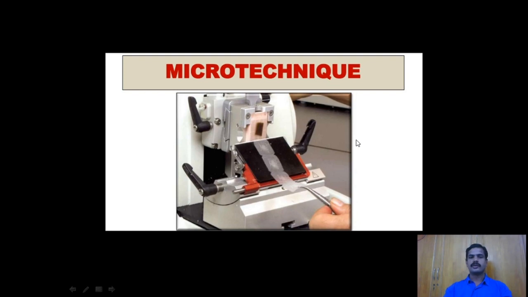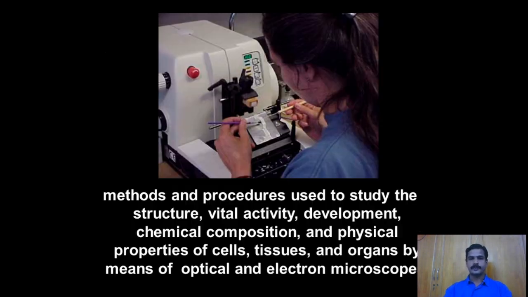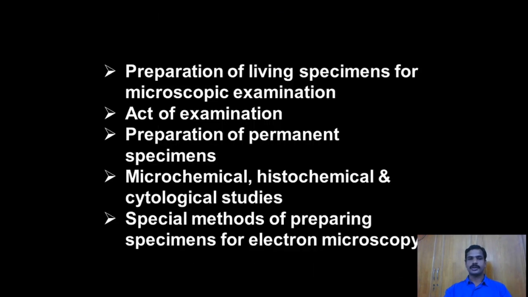Microtechnique involves various methods and procedures used for the preparation of objects for microscopic studies. This involves the methods and procedures used to study the structure, vital activity, development, chemical composition and physical properties of cells, tissues and organs by means of optical and electron microscopes.